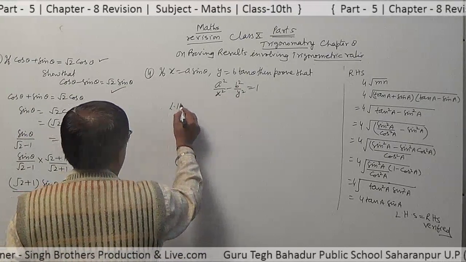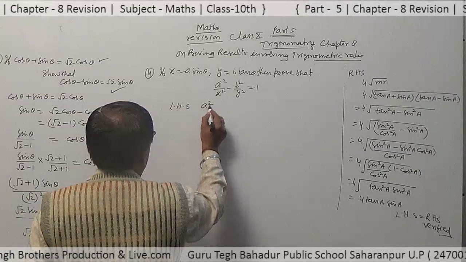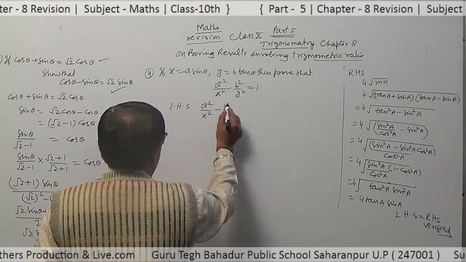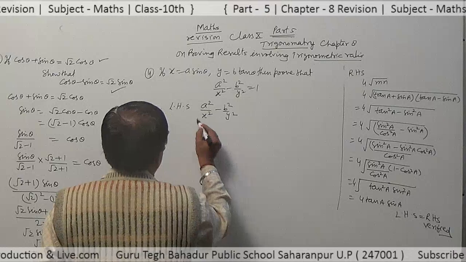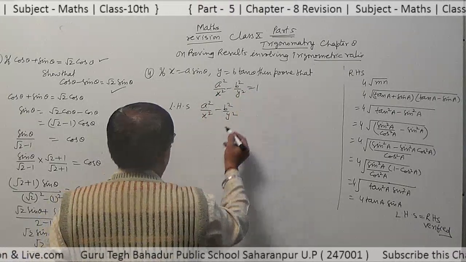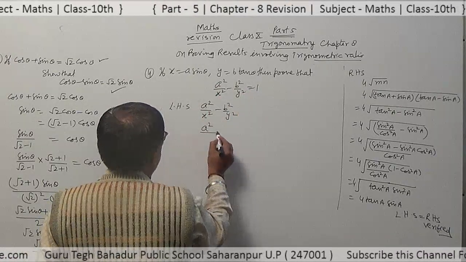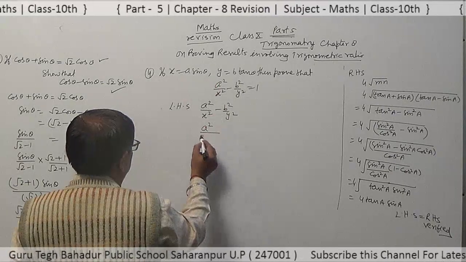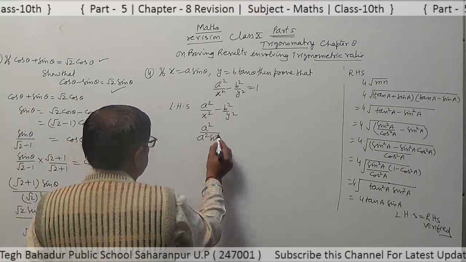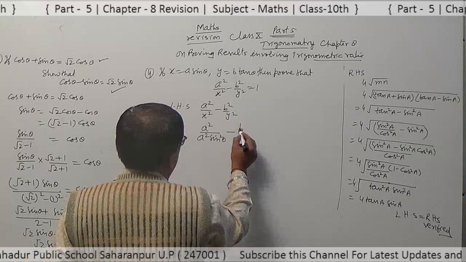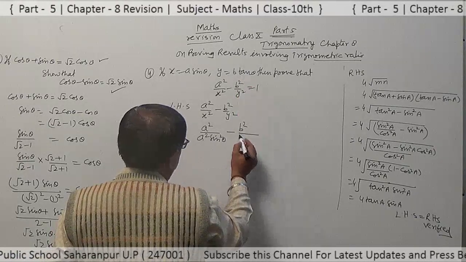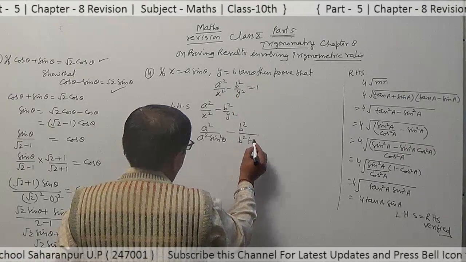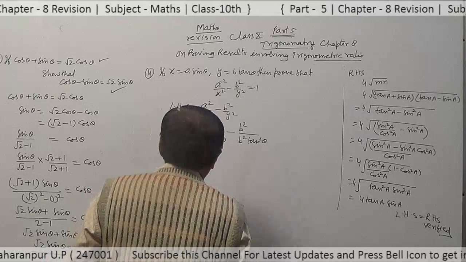Left hand side, a square upon x square minus b square upon y square, putting the value of x and y. X is a sin theta, so it will be a square sin square theta. Y is b tan theta, b square tan square theta.